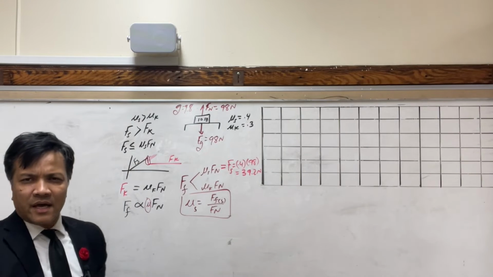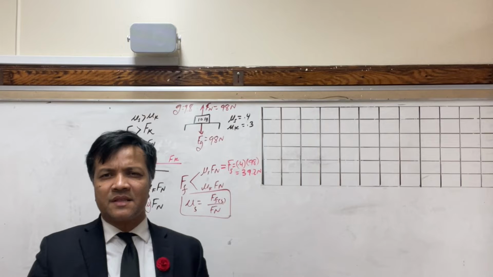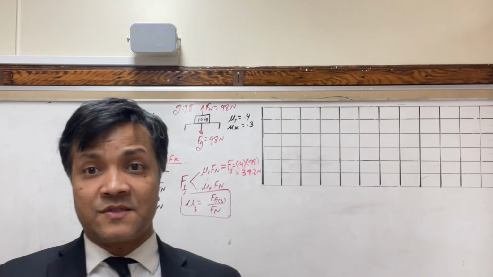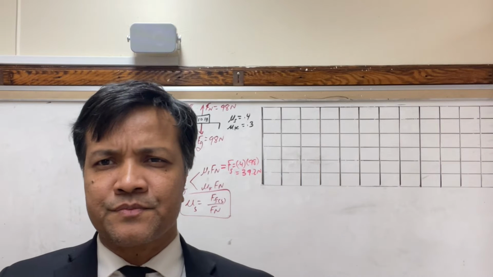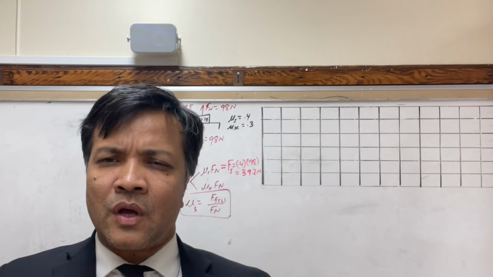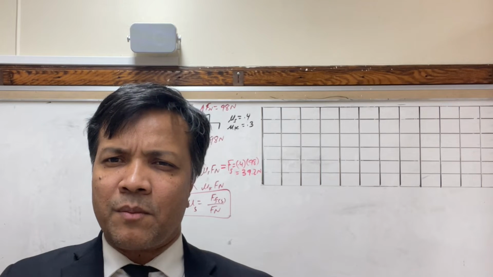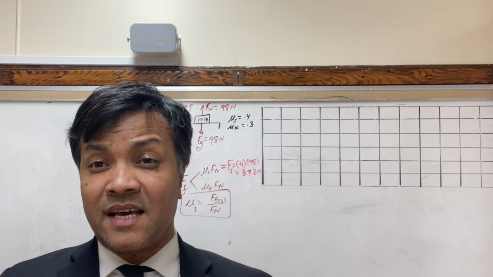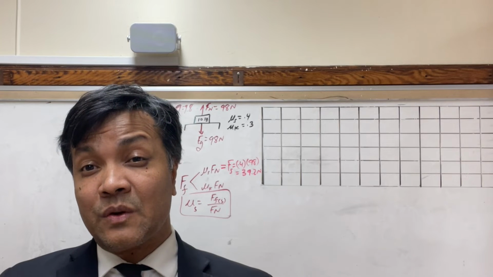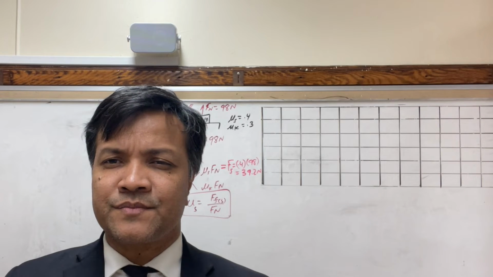If you apply any force that is bigger than 39.2 Newton, then the object will accelerate, because there would be a net force. If you apply anything less than 39.2, then the object will remain at rest.